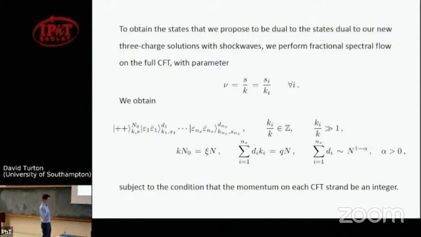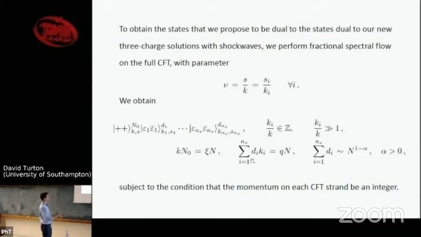And the conditions are the same as before. So the k_i are long and multiples of k. The Q and Xi still control the relative fractional strand budget. And the overall holographic CFT precision holography constraint is the same as it was before.